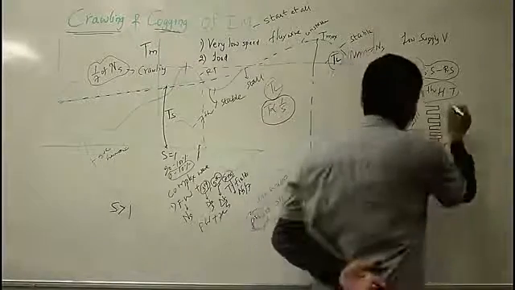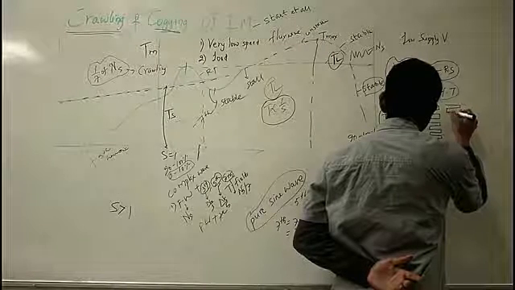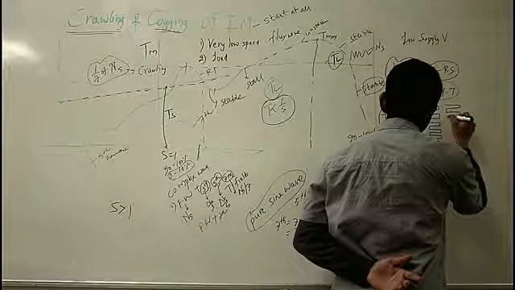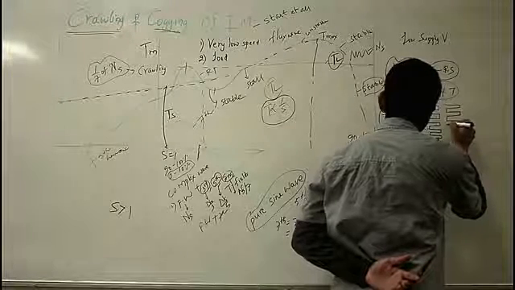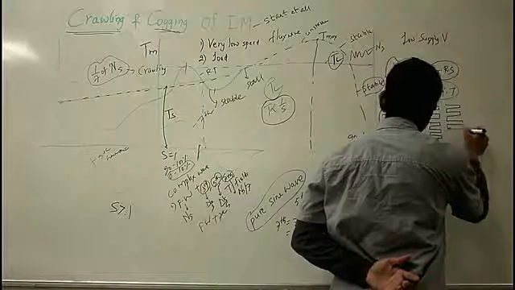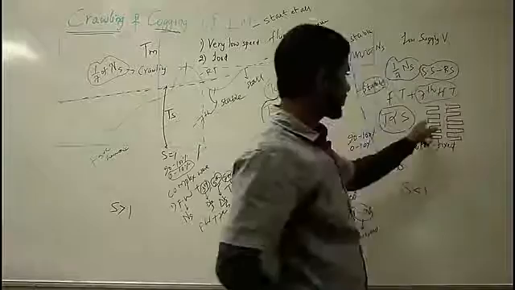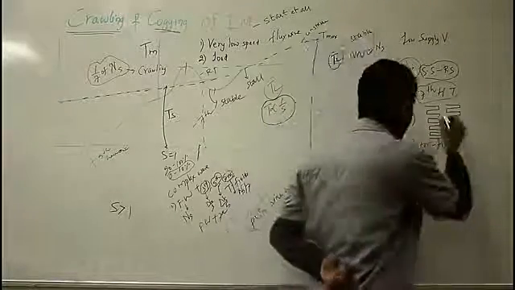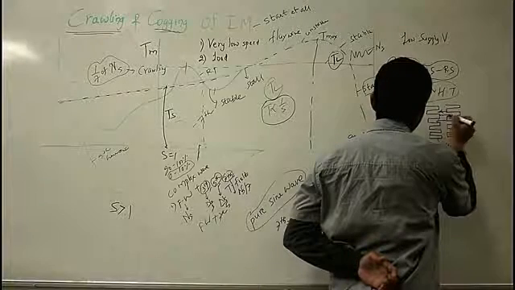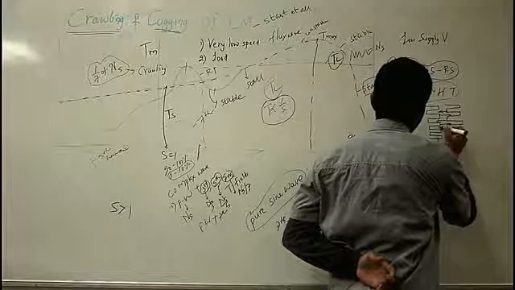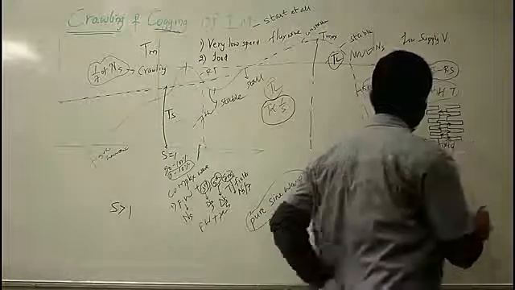So if I draw the slots of both stator and rotor, if I say these are the stator slots and the rotor slots, what happens is they get locked up together, and this magnetic teeth locking prevents your motor from starting.